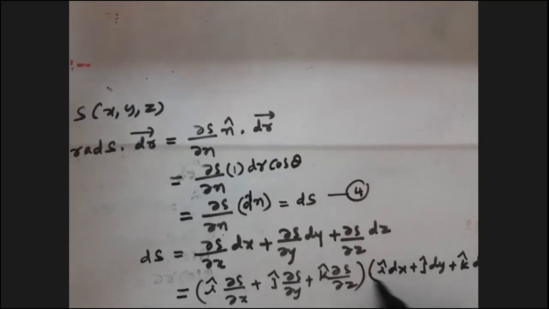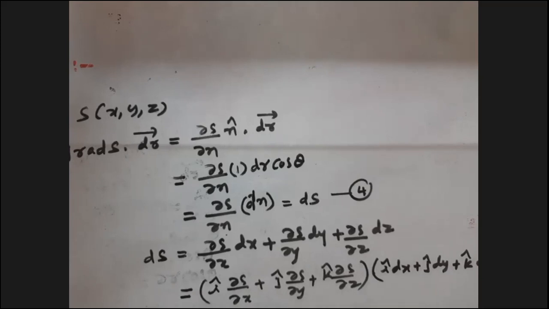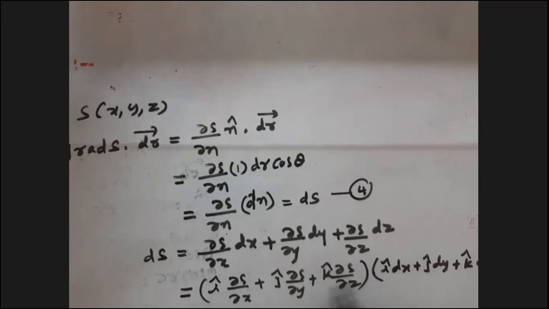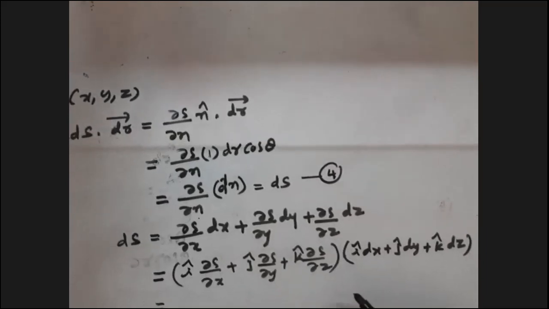If you do the dot product, simply Ax Bx plus Ay By plus Az Bz, you will get the previous expression. Okay, so dou S by dou x into dx plus dou S by dou y into dy plus dou S by dou z into dz.